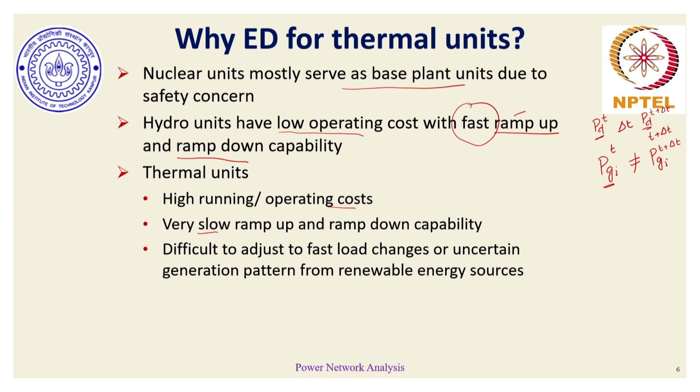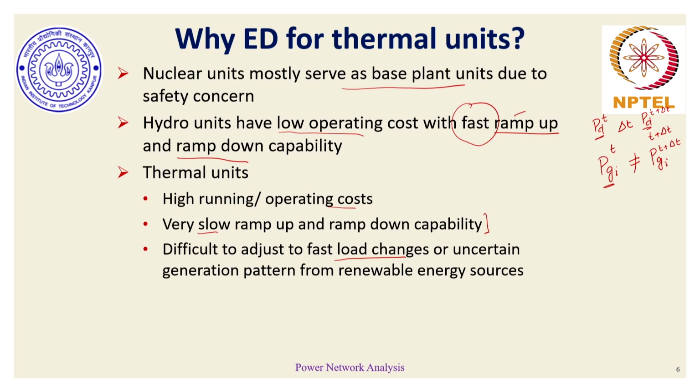And the important part which is critical here is because of this slow ramp up and ramp down capability, since the load is not stagnant, and specifically things become much more difficult when we have these renewable resources which are non-conventional sources. Their generation pattern depends on weather, solar availability or wind availability.